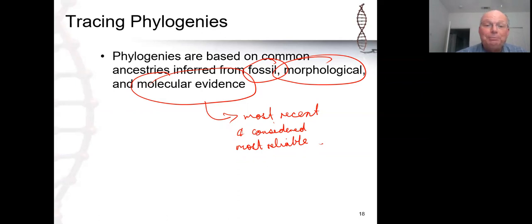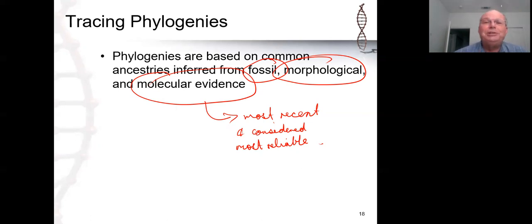Morphologically, as we've seen in previous presentations, it is an error to think that morphology, external appearance, and similar external appearance implies that the individuals belong to the same species, nor can we assume that differences in morphology automatically mean that they're different species. So fossil evidence and morphological evidence, while being our classic evidence for creating phylogenies, are subject to some level of error.